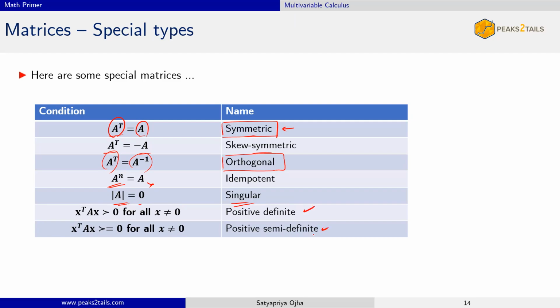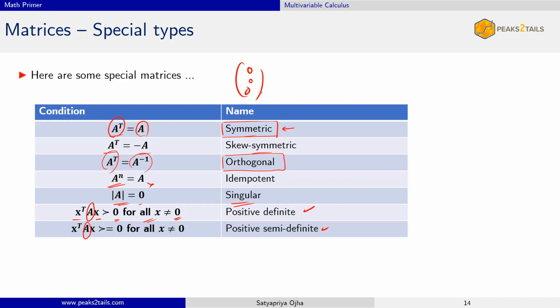Now, these two are also important. Please understand. For any matrix A, if X transpose AX is strictly positive for any X, X is a vector. X is not a scalar. Please remember, there is a transpose. For any vector X, all right, X transpose AX is positive. You take any vector X. X should not be 0. Like, you should not have X as this.